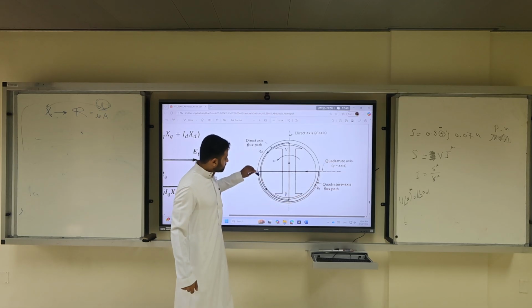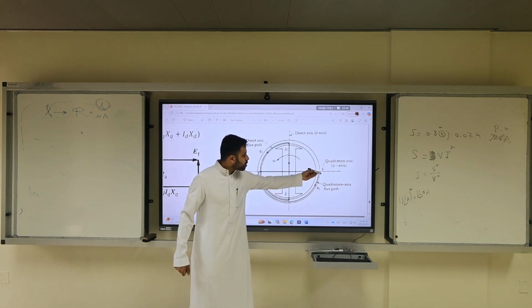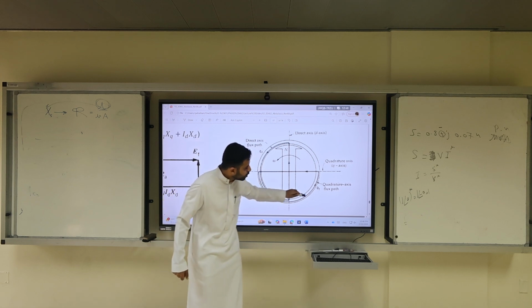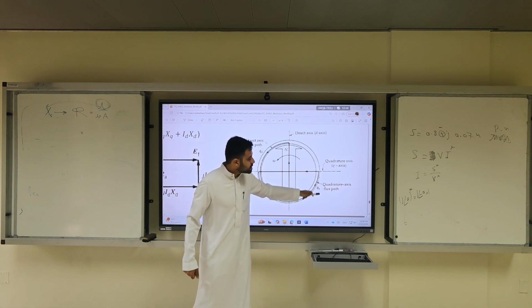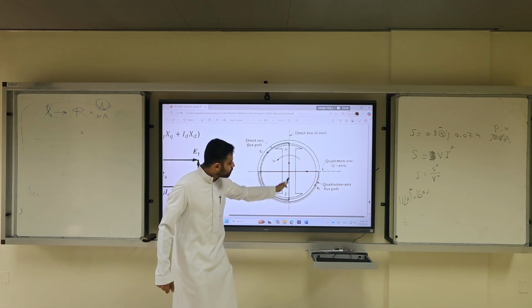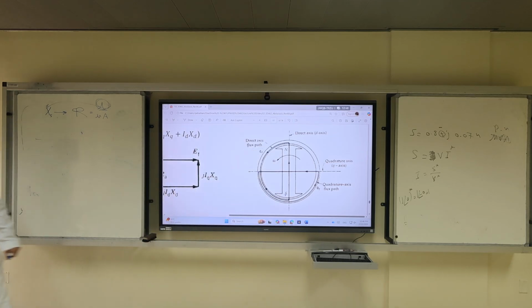Quadrature flux is another component that I can measure, where it crosses the axis horizontally and closes itself. So this is the flux path that is quadrature. Quadrature to what? To the salient pole magnetic axis. Get it? Clear?